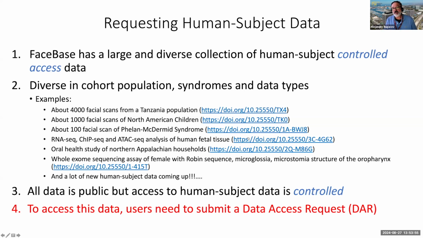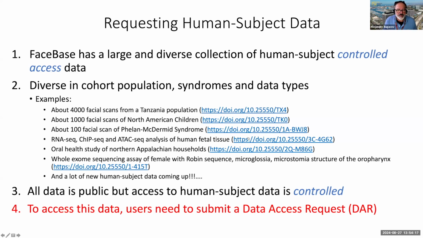This data set also has a companion data set in dbGaP that has all the genetic, genotypic data, and you can get all that data through FaceBase too. You can navigate from FaceBase to dbGaP, and it will point you there.